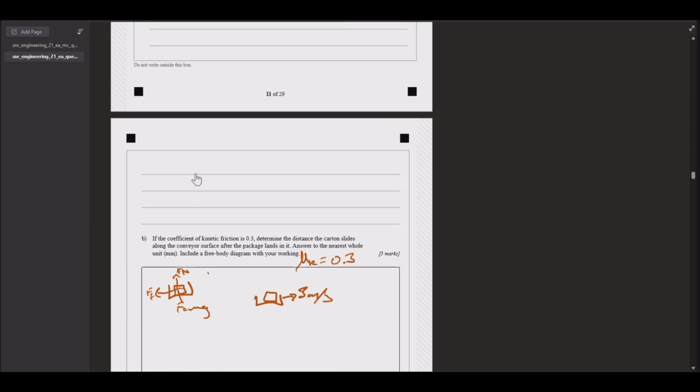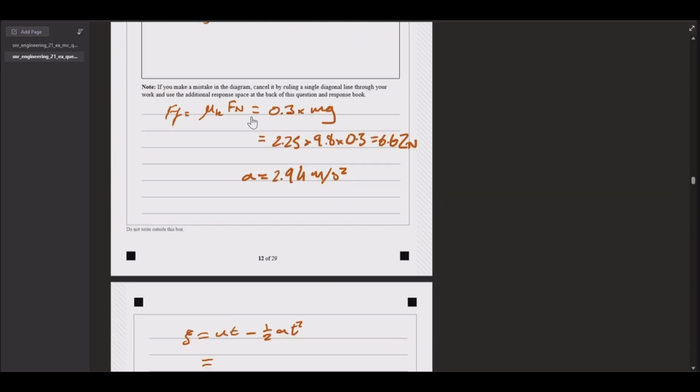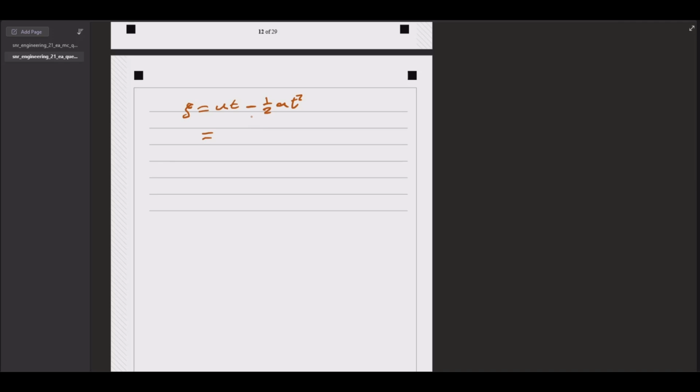And now we can chuck in our SUVAT equation. Minus half g squared because we're decelerating. Our initial velocity is going to be 3. Wait, do we determine the distance? Yep. Oh, no, can't do this just yet. We need to know time.